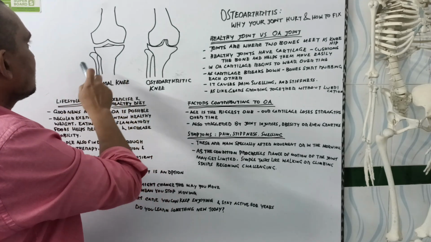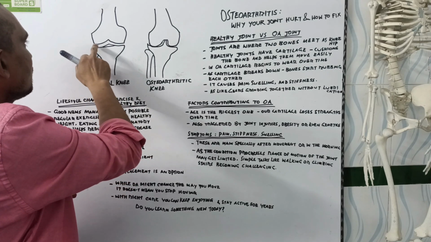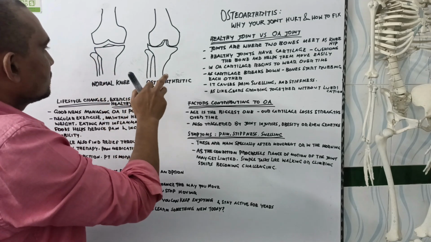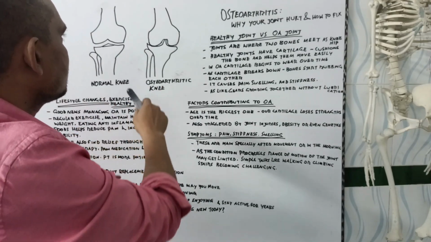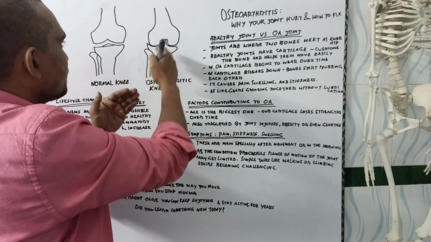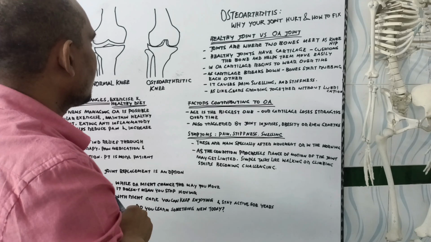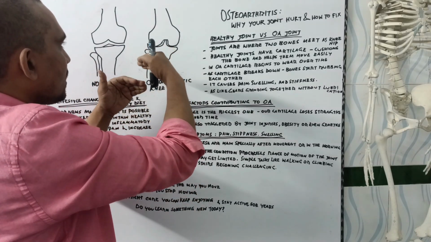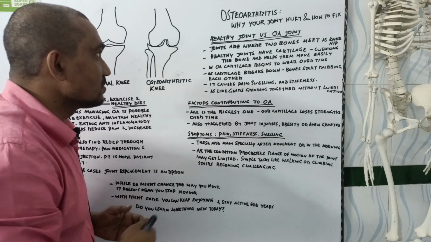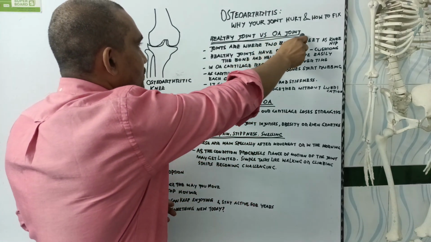We see the normal structure and the normal space between the joint. But in the osteoarthritic joint, there is some degeneration and the joint space is massively diminished, and the two bones come very close to each other.